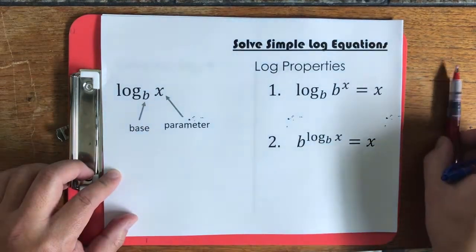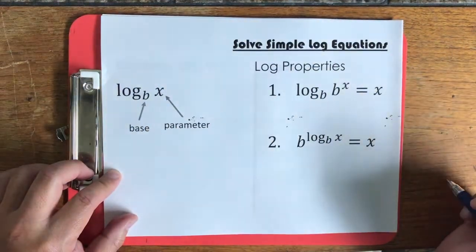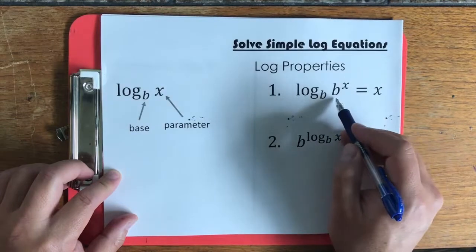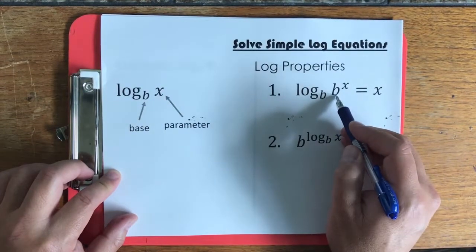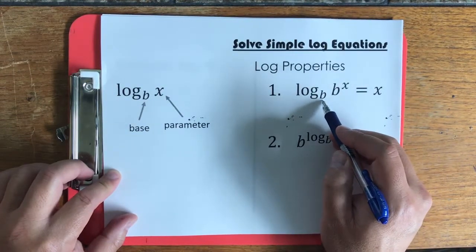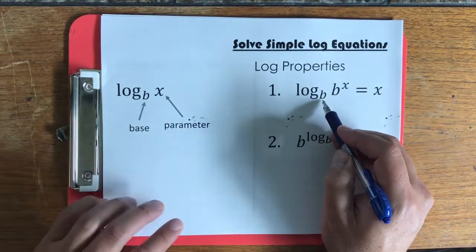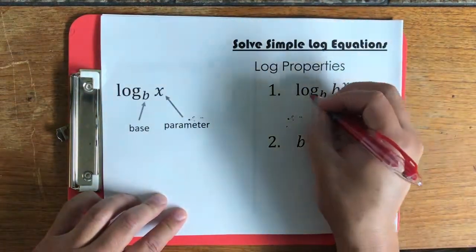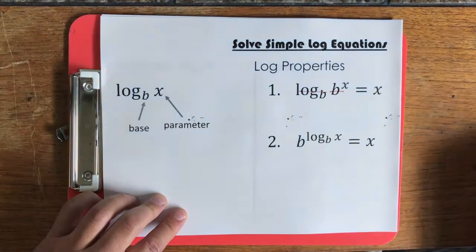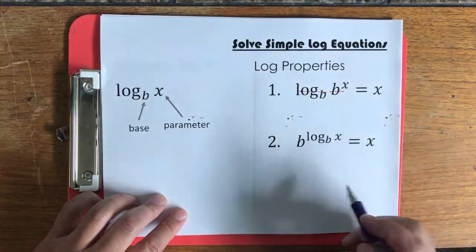Now the basic property of a log is that a log undoes an exponent. So do you see how we have an exponent over here? If the base of the exponent matches the base of the log that we're applying to it, they cancel each other out. Same thing here.